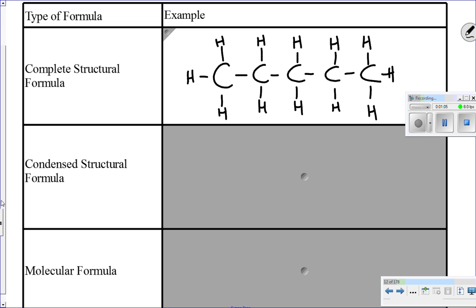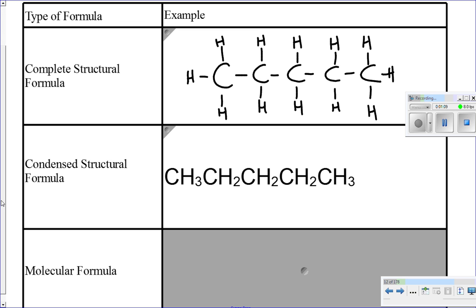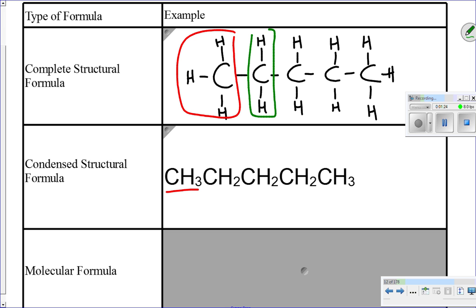Then we can write something called a condensed structural formula. In a condensed structural formula, each of these portions is broken down. So instead of drawing the C with the 3 H's on it, we condense that down to CH3. Carbons in the middle, because they're bonded to other carbons, have lots of room for H's.